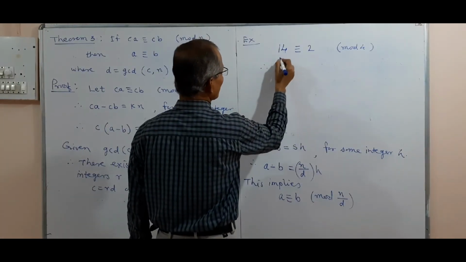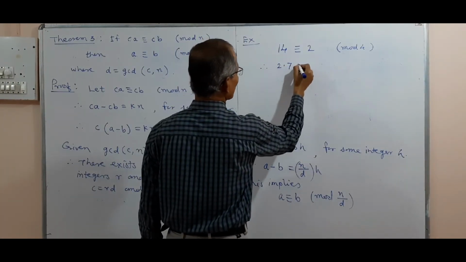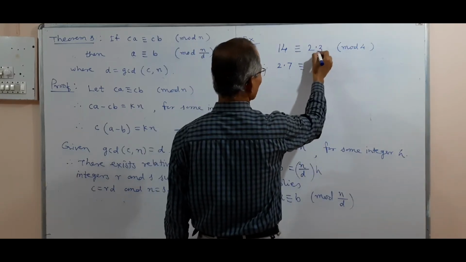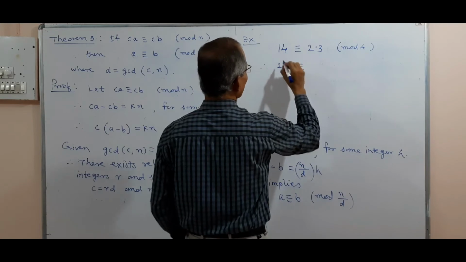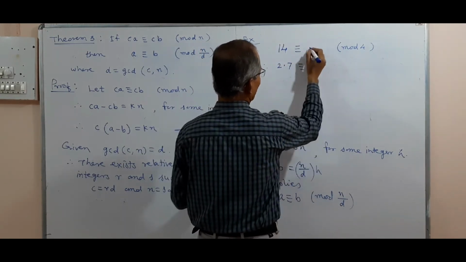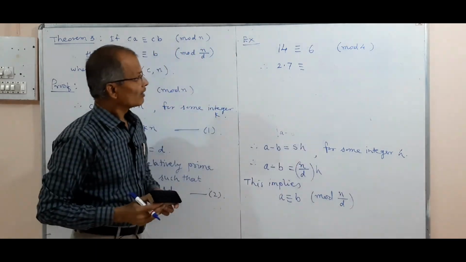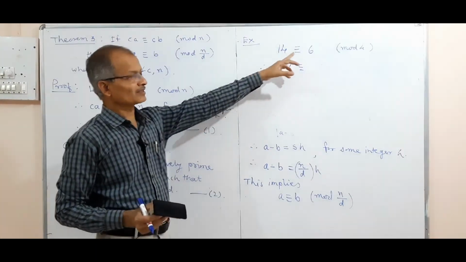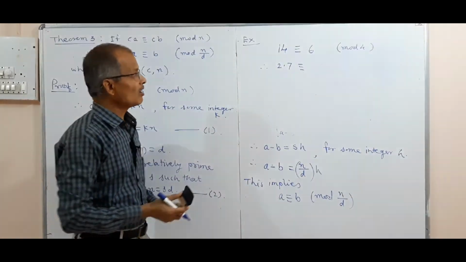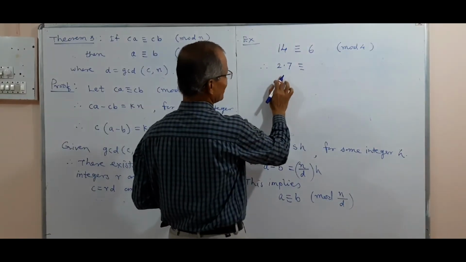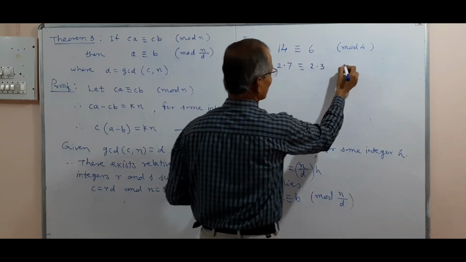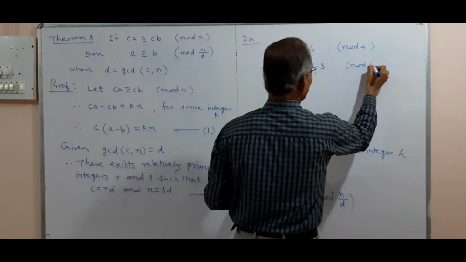We can write 14 as 2 into 7, and this 2 as 2 into 3 also. Or you see, 14 is congruent to 6 under modulo 4. Yes, 14 minus 6 is 8 and 4 divides 8, so we can write like this. This can be factored as 2 into 7 and this as 2 into 3 under modulo 4.